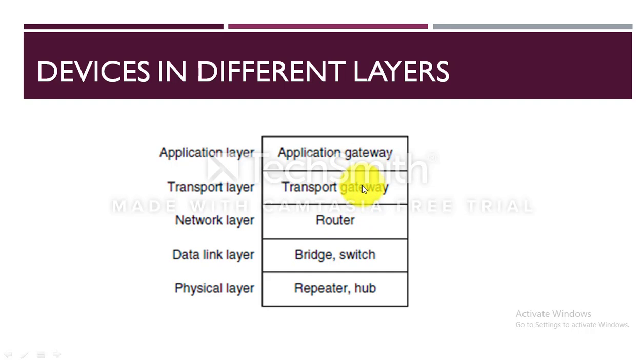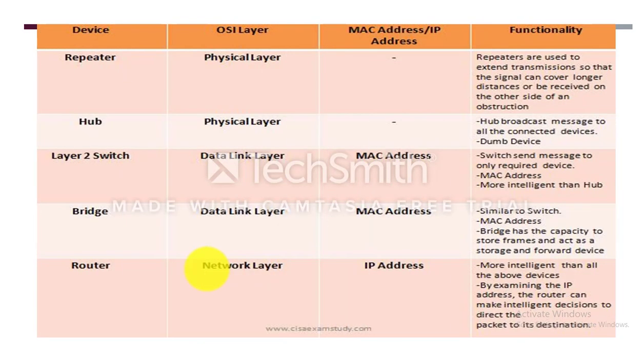So these are the 6 devices that we will study: repeater, hub, switch, bridge, router and gateways. Repeater and hub are at physical layer, switch and bridge are at data link layer, router is at network layer, and gateways at application layer.